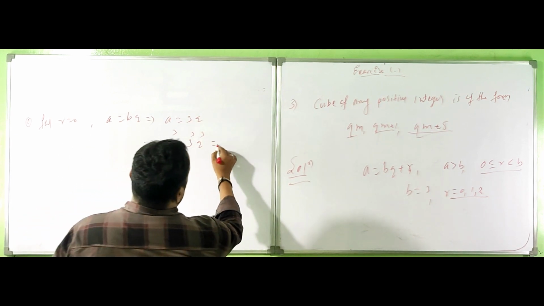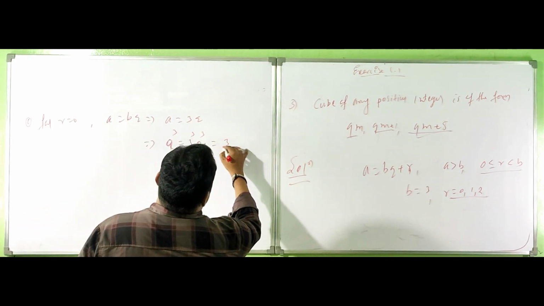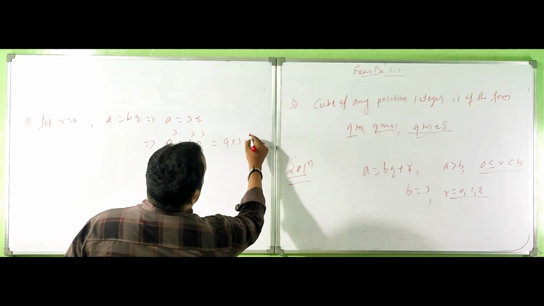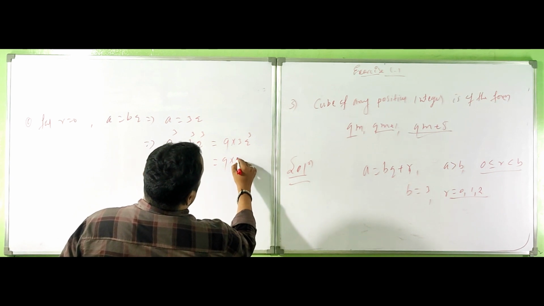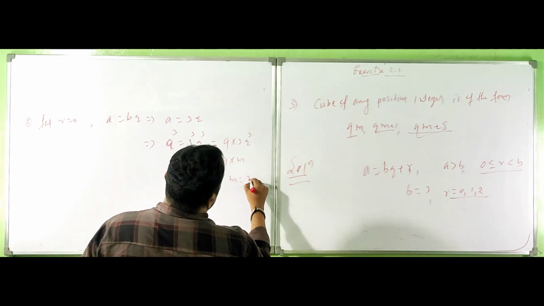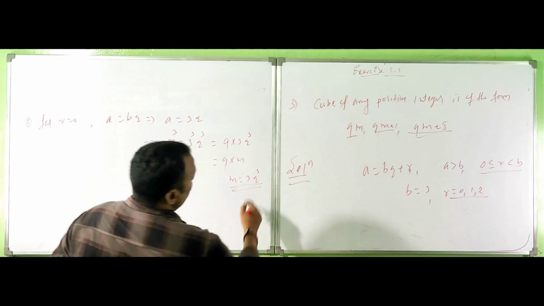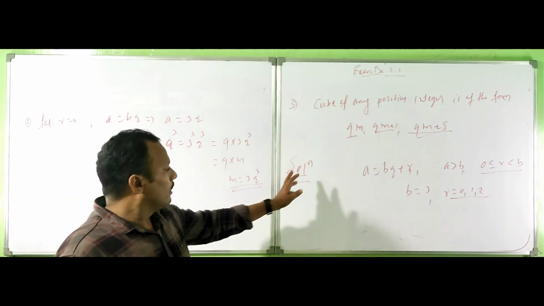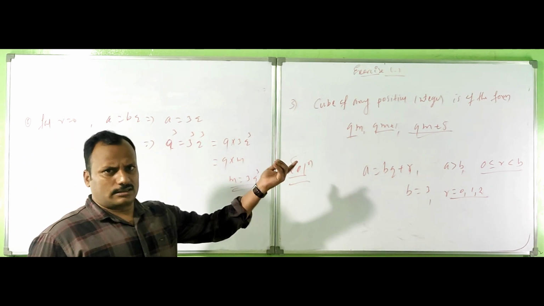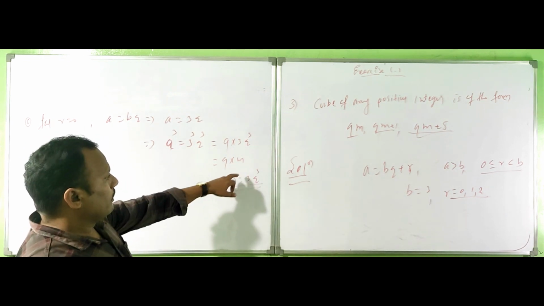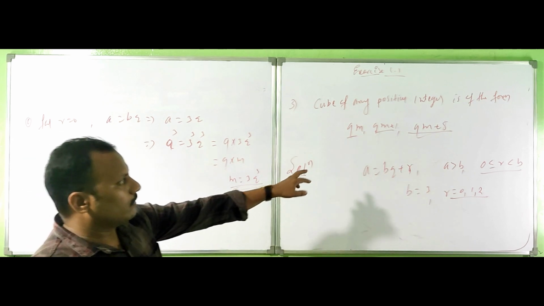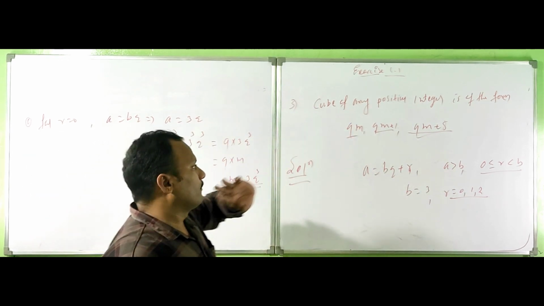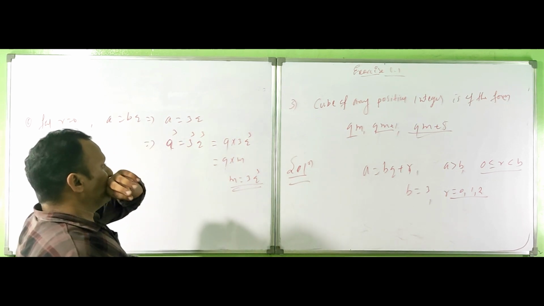So this we can write as 9 into 3 q cube. This is 9 into m, where m is equal to 3 q cube. Again, q is an integer, so again you get the same. Q is an integer, randomly you can take. Okay, therefore the first one is true. Therefore the cube can be in the form of multiples of 9, for any positive integer.